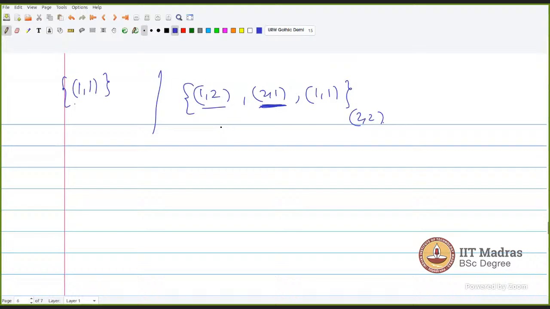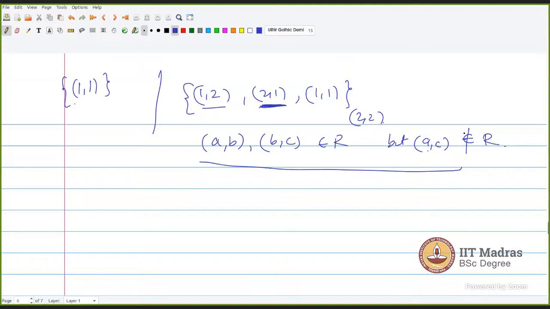If I get a contradiction like this, if I have two pairs, A comma B, B comma C, belonging to my R, but I found that A comma C is not there in my R, then it is not transitive. If I find one pair like this, it is enough to break the property of transitivity. If I cannot find that pair, then it is transitive.